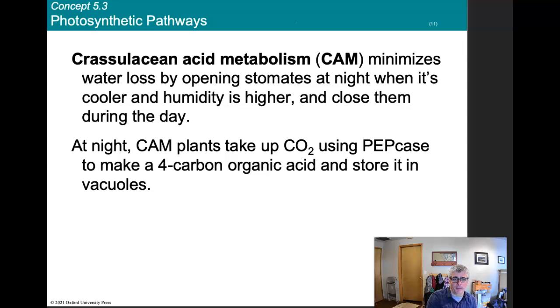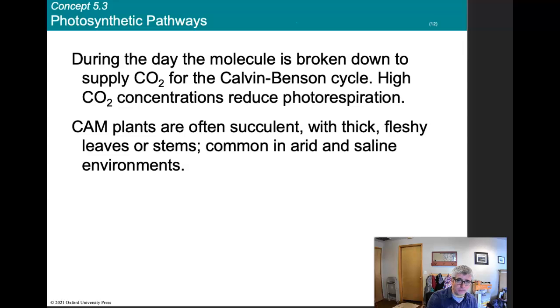And so at night the stomates open and allow carbon dioxide in. At night, CAM plants take up CO2 using PEP case and make a 4-carbon organic acid and store it in vacuoles. During the day, the molecule is broken down to supply carbon dioxide for the Calvin-Benson cycle, and high carbon dioxide concentrations reduce photorespiration.